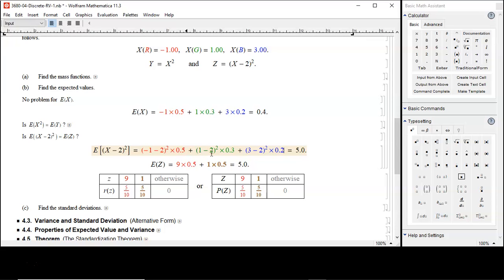For z, there's no distinction between green and blue, so I could consolidate and we get this computation. But for x, there's a difference between the one and the other, so I have to keep those. And then for payoff values, I have to do x minus 2 squared to all those values. Is there a difference between those two? Not really, because payoff values are the same for these two guys, 1. And then if I add up the probabilities, it's 0.5, so it's the same as this.